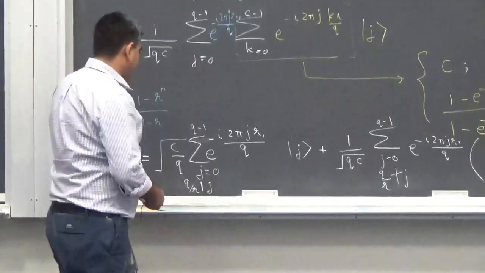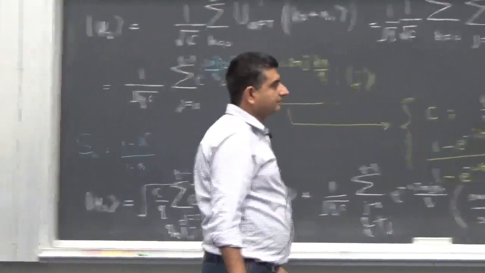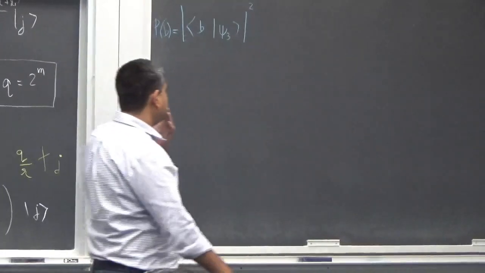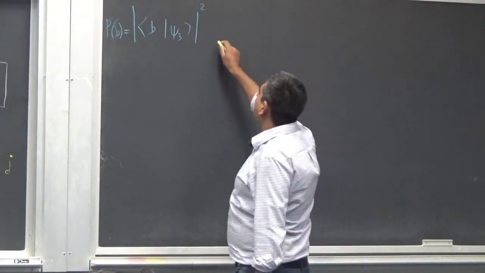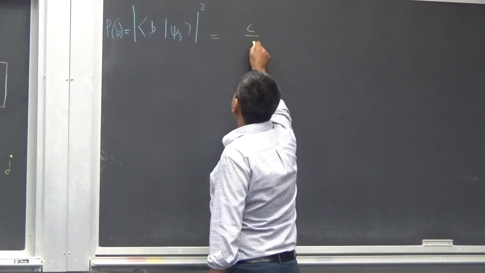So if we take the projection of ket j with ket b, only the j with the b remains, right? Got it? So what I can actually do, instead of b I can also write ket j, but so my output is going to be c over q.